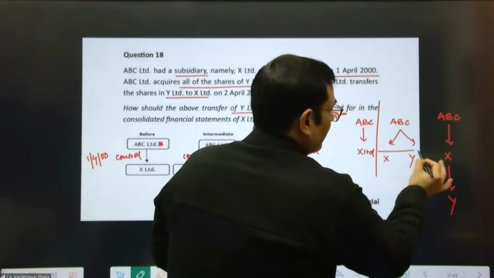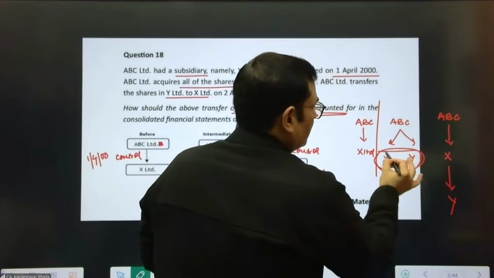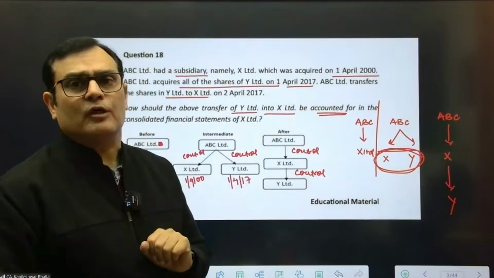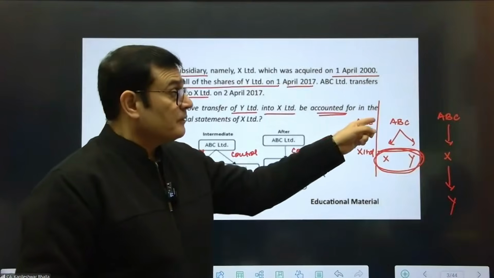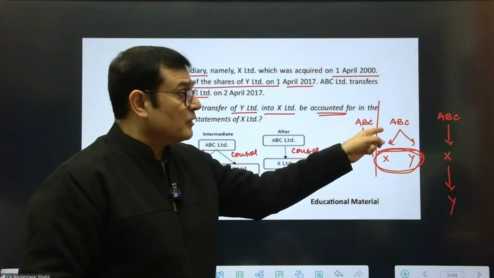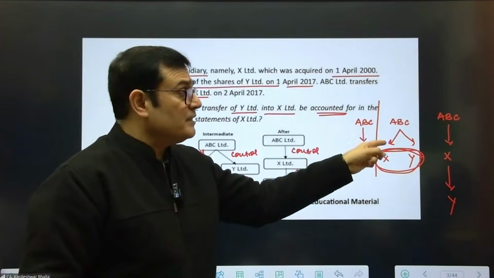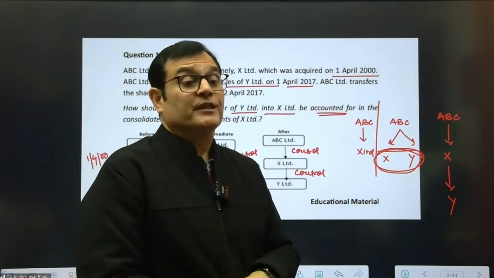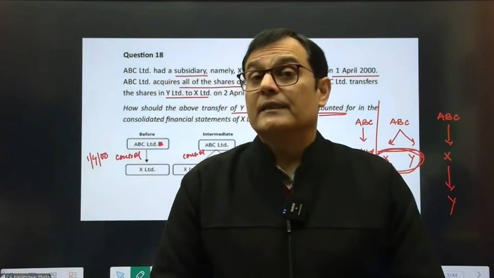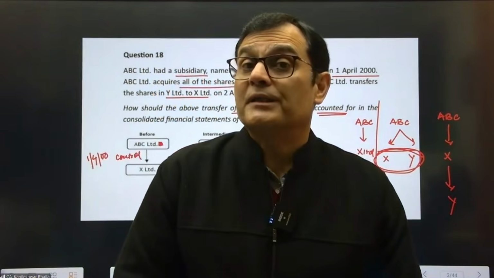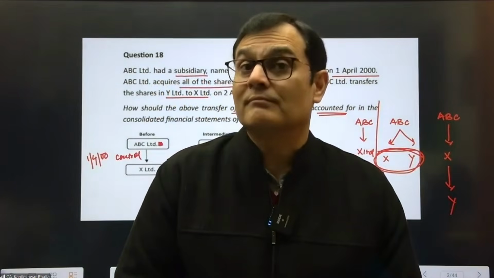Once ABC acquires Y, these two companies come under the common umbrella of ABC, because now ABC has control over X and ABC has control over Y. So if there is any dealing between X and Y, they will be considered parties under common control.